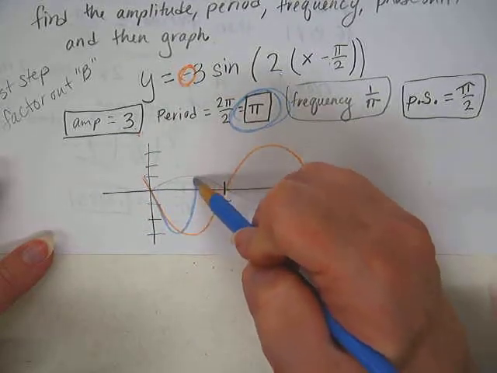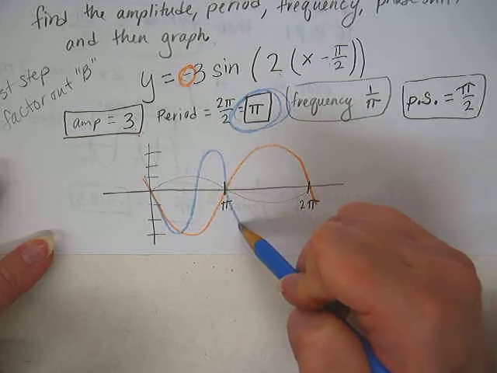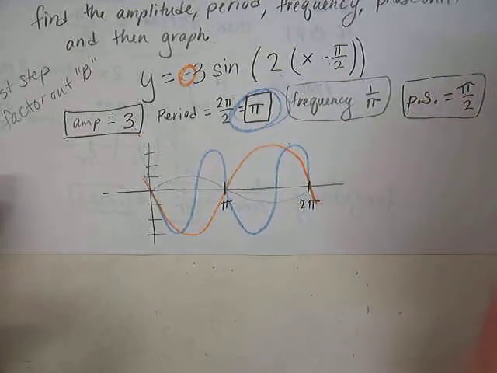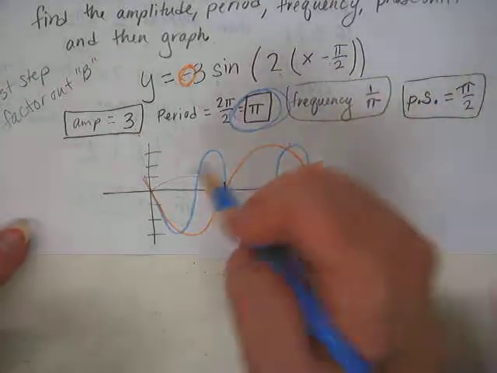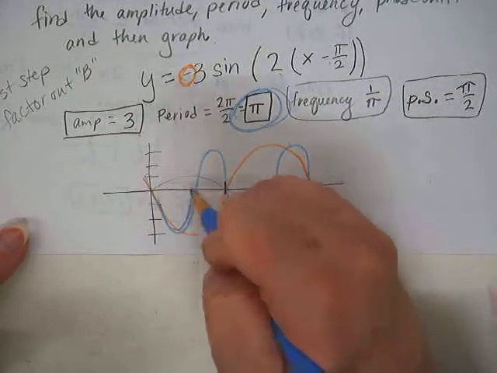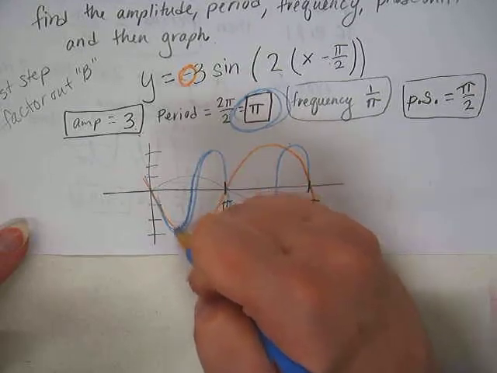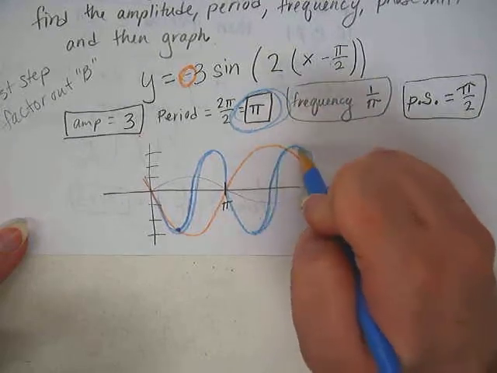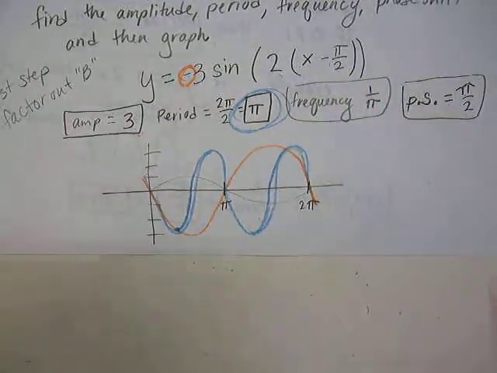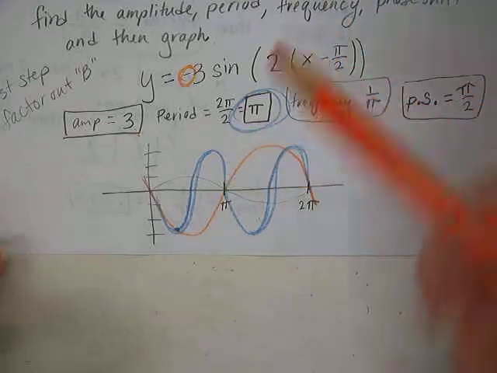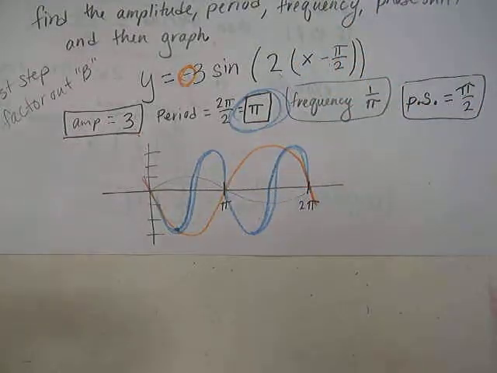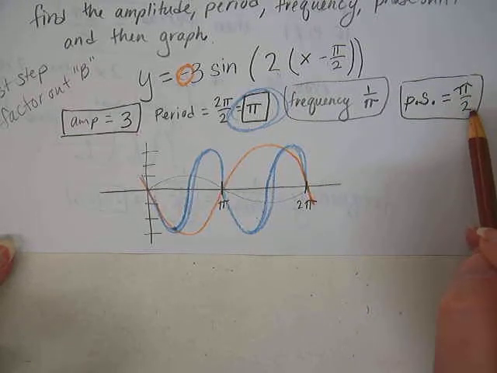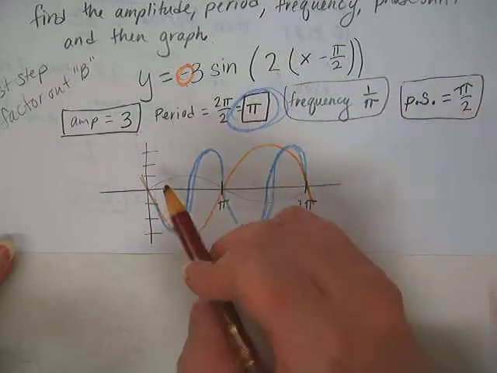So then, because of this 2, because the period is actually pi, that's going to change this to being half the length. And I didn't do that extremely accurately. That's supposed to be going through pi halves right there. It's kind of skewed. There, that's maybe a little better. Okay, so there's the change in the period.